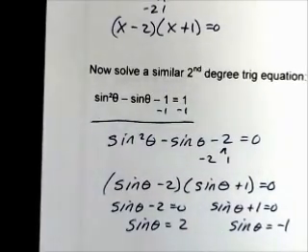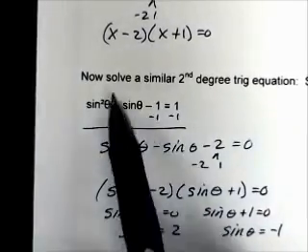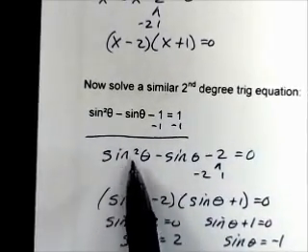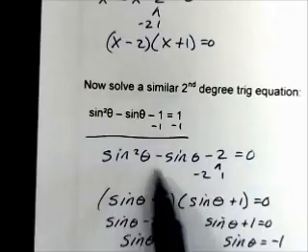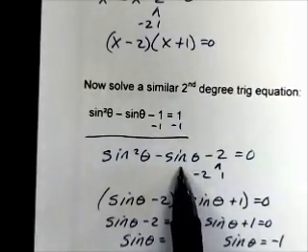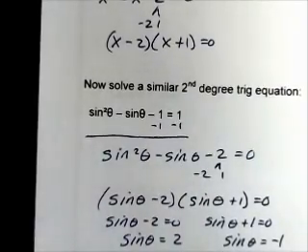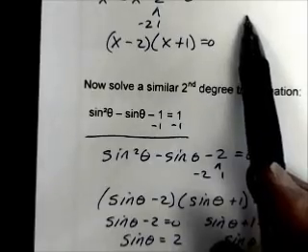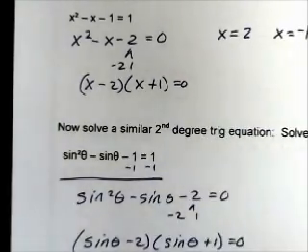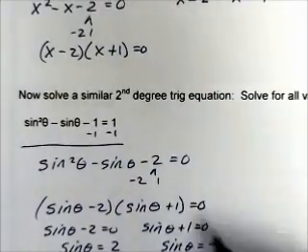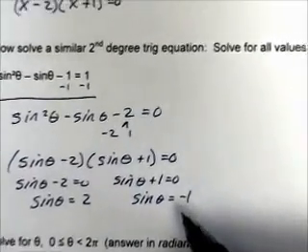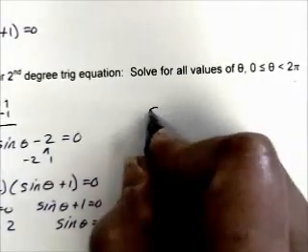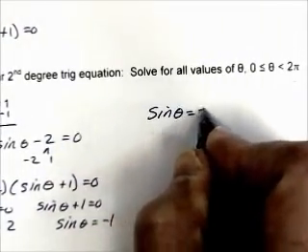If you don't like keeping sine theta in the equation, it's perfectly fine to replace your sine thetas with x, and then when you have your x value, replace it with sine theta. So sine theta equals 2 and sine theta equals -1. Just going to write these over here.